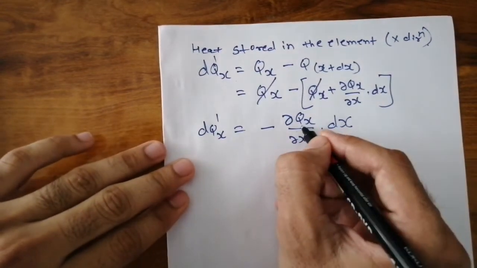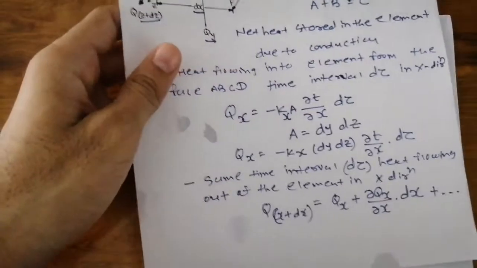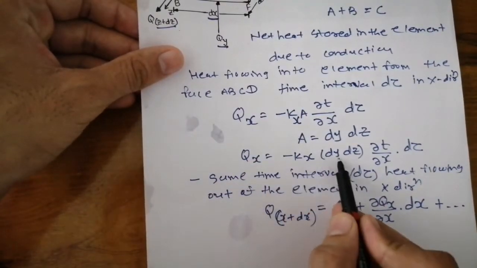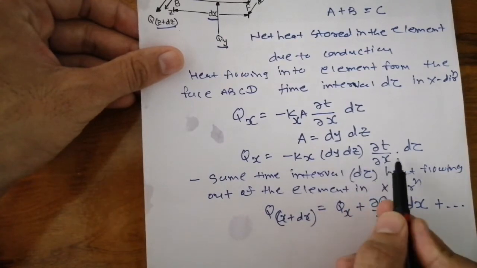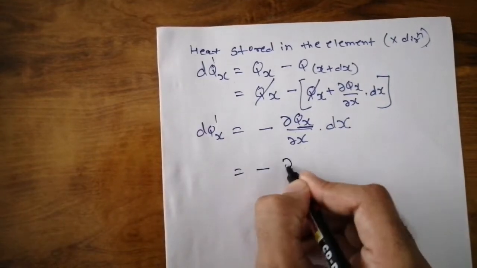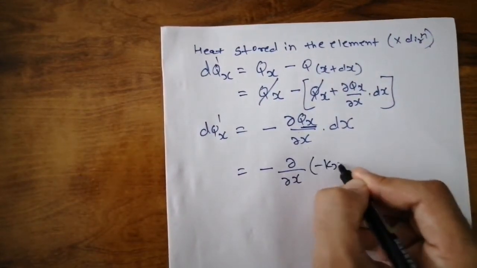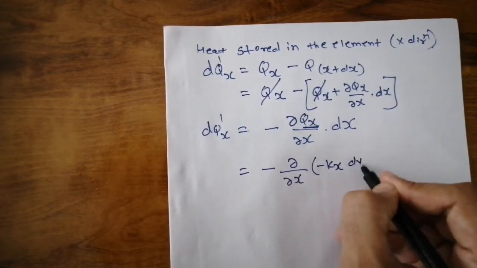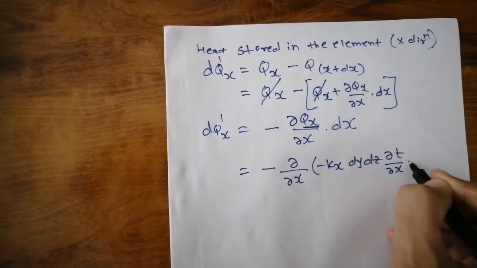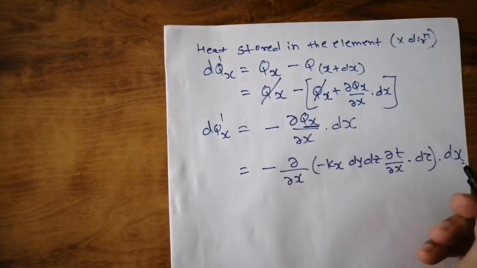Now we put in the value of qx. What will be our qx? Already I explained to you that qx is equal to minus kx dy dz del T by del x into del tau. So it is equal to minus del by del x of minus kx dy dz del T by del x del tau, into dx.